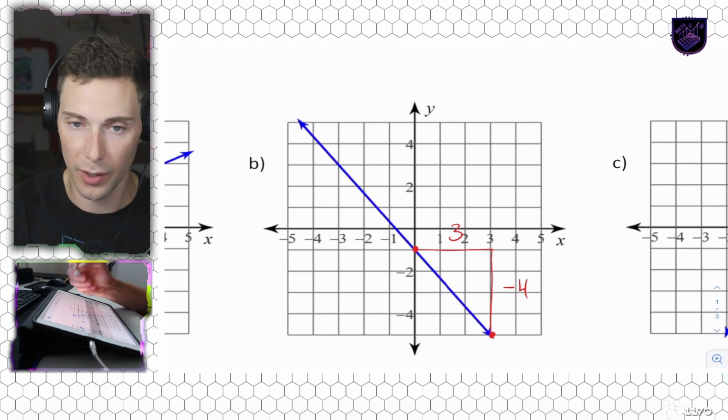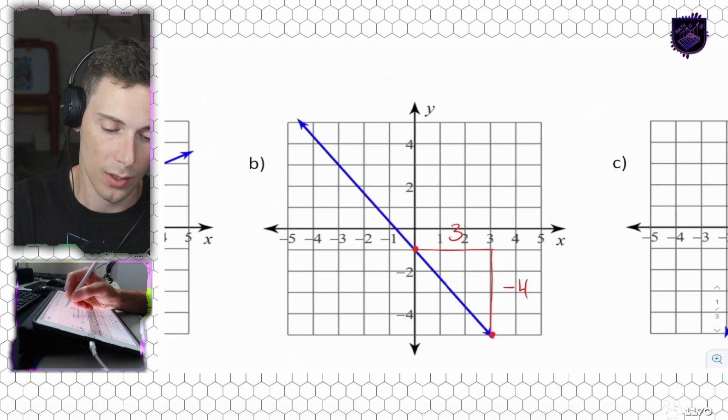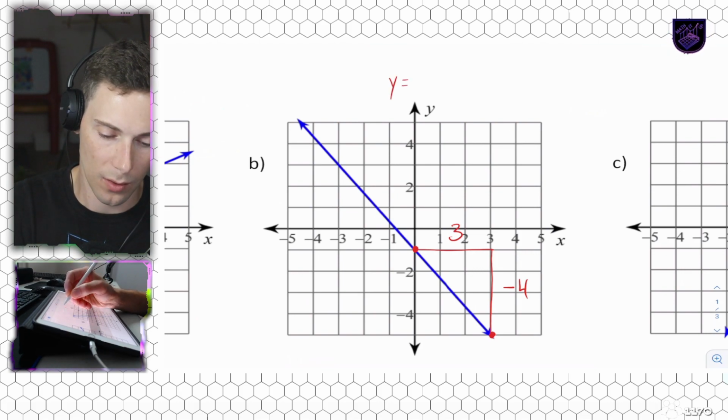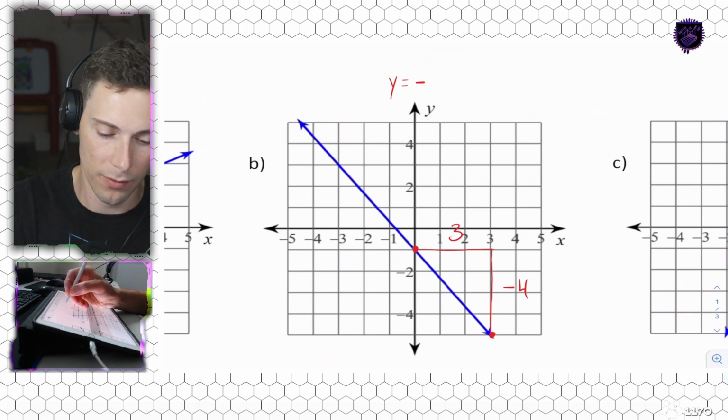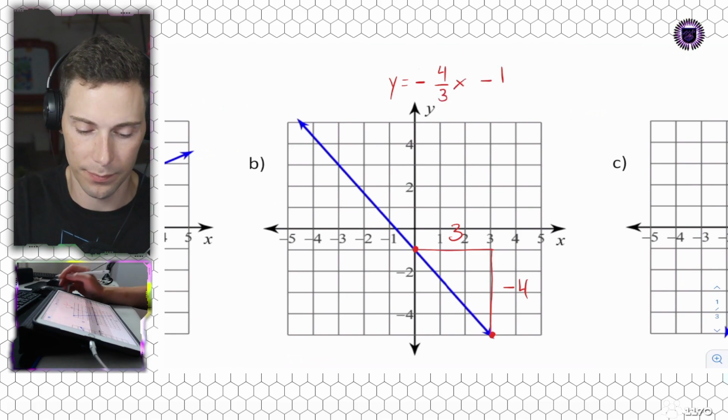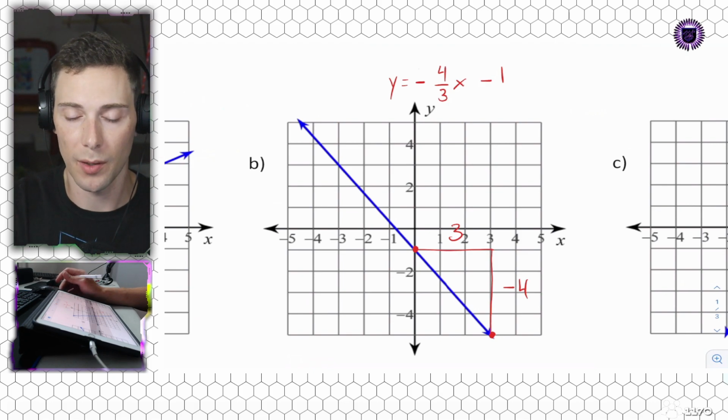So we have our slope and we have our y-intercept. Y is equal to negative 4/3 x minus 1, right? Minus 1 is the y-intercept.